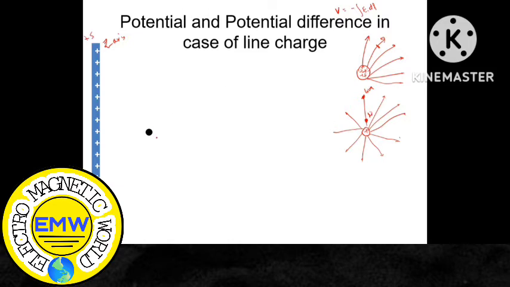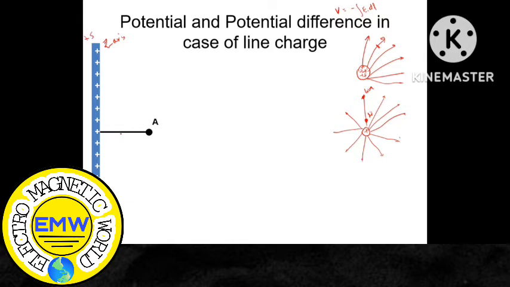In a similar way, we need to find the potential difference at this point. Suppose this is the line, and electrical field lines are created from this line. I need to find the potential difference at this point. So how to find it? First we need to define the length. From the concept of cylindrical coordinates, this length is rho.